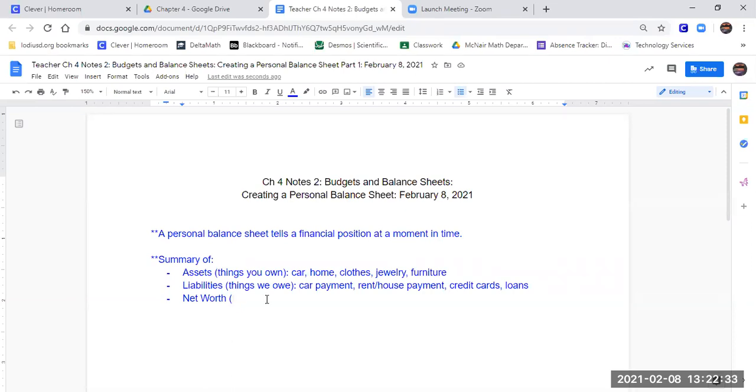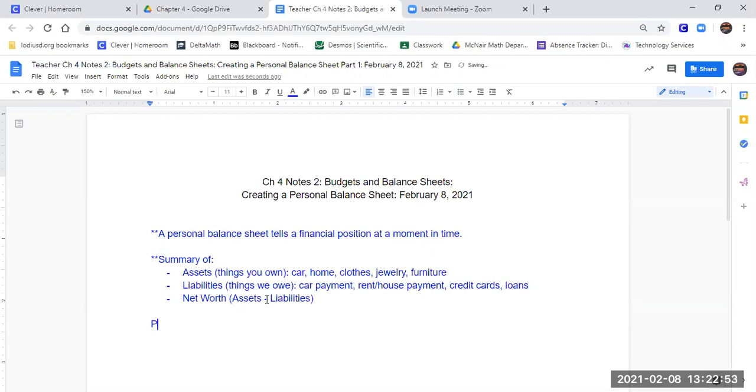It was part of last chapter's test. Yep, assets minus liabilities. That's our net worth.